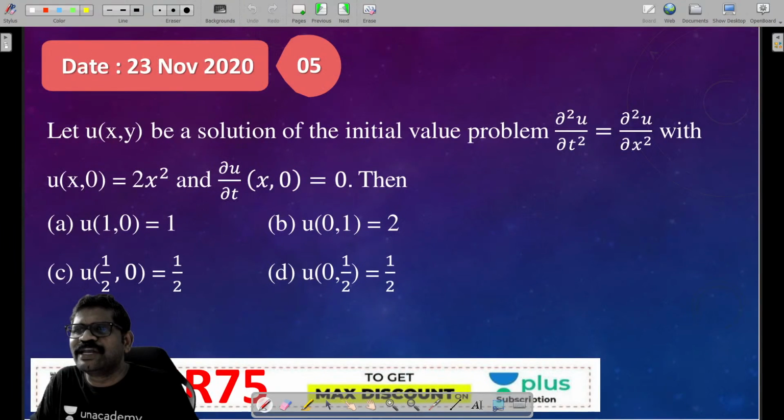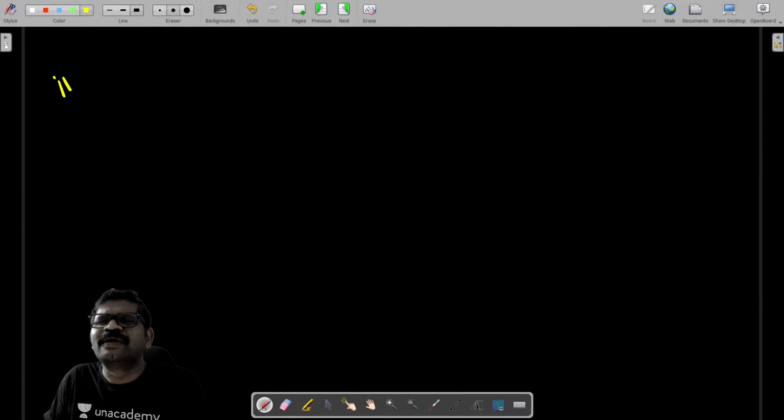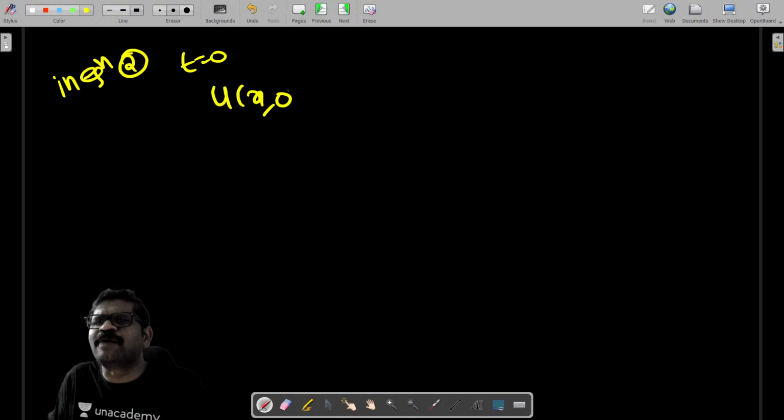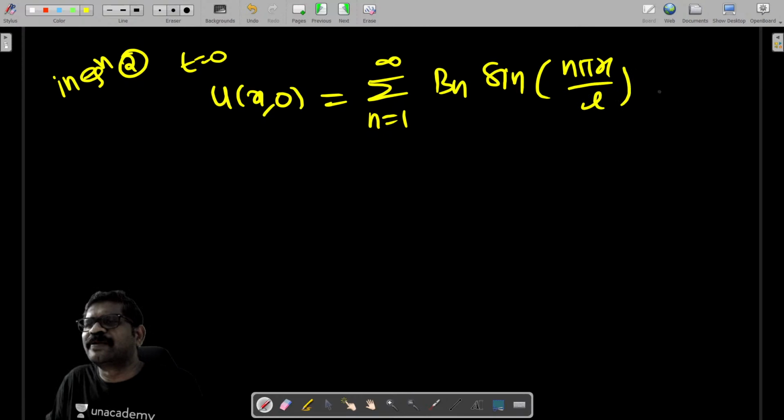In equation 2, put t equal to 0. If you put t equal to 0, u of x comma 0 will come. That is sigma n equal to 1 to infinity bn sin n pi x by L. That is called equation 3.